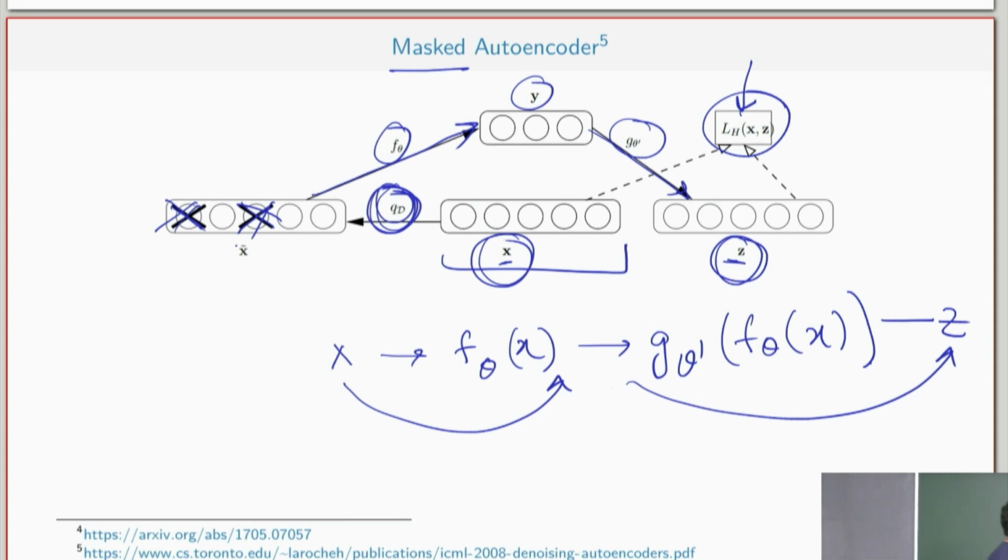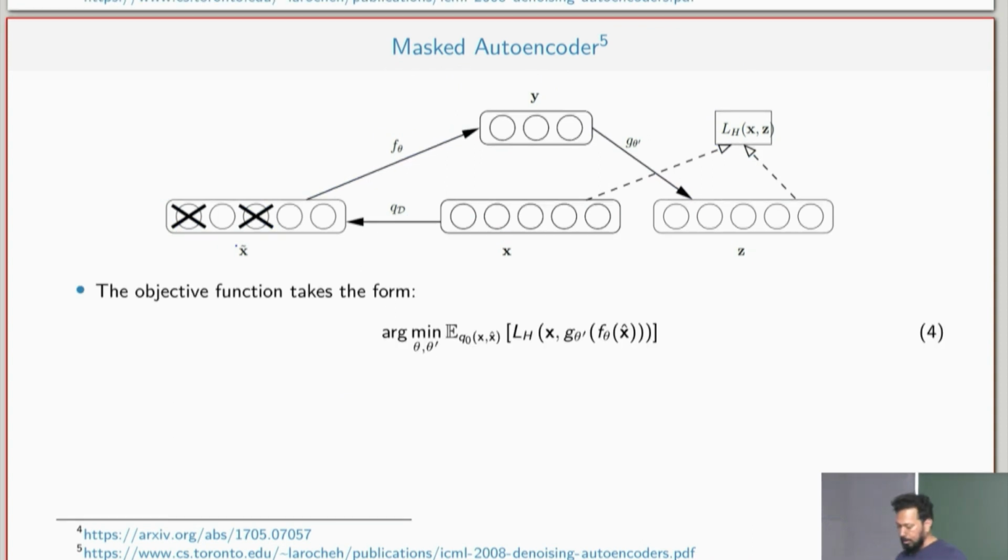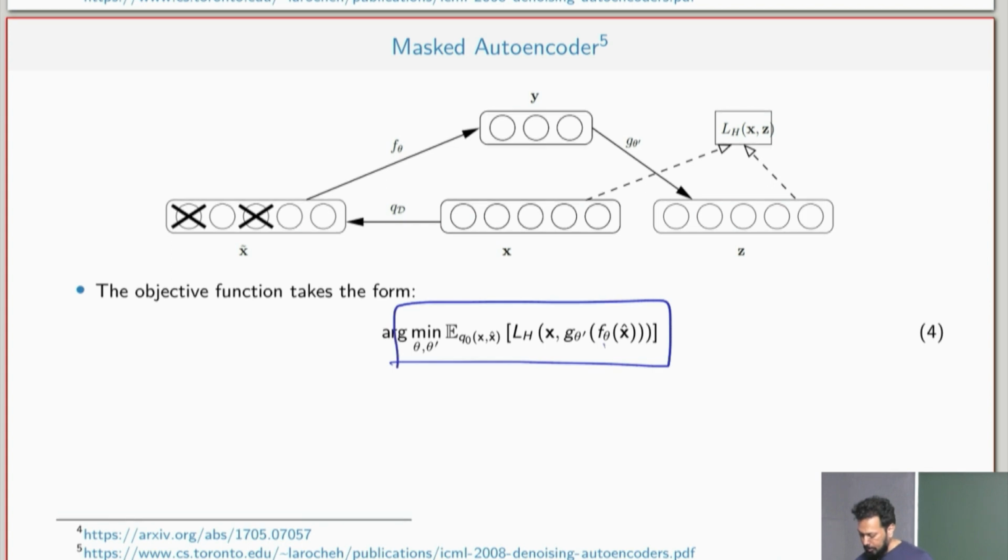It's a very simple idea. So this is the objective function here, which is now evident. You see, x hat came via d first, right? So basically, you create this x tilde, and this x tilde is taken by f theta, and then g theta prime acts on that, and then you compare with the x.